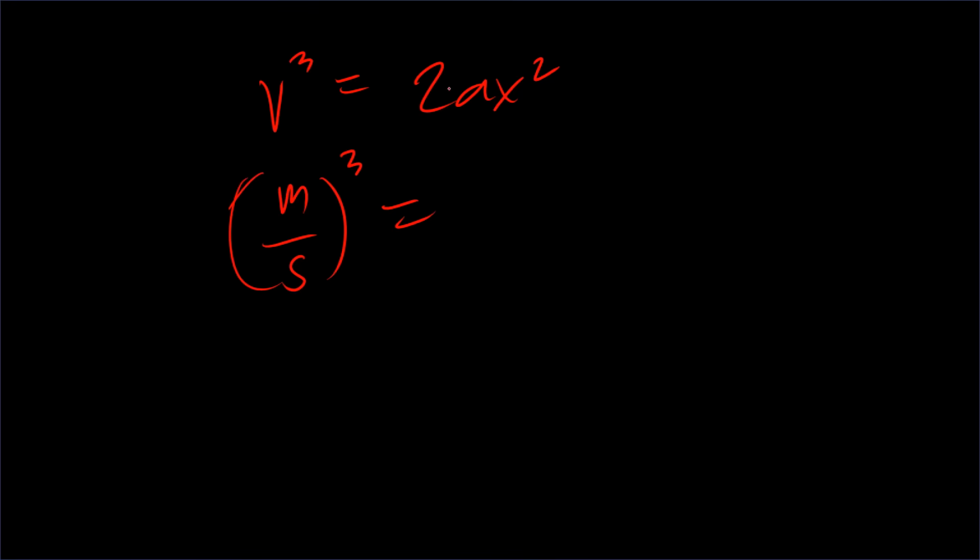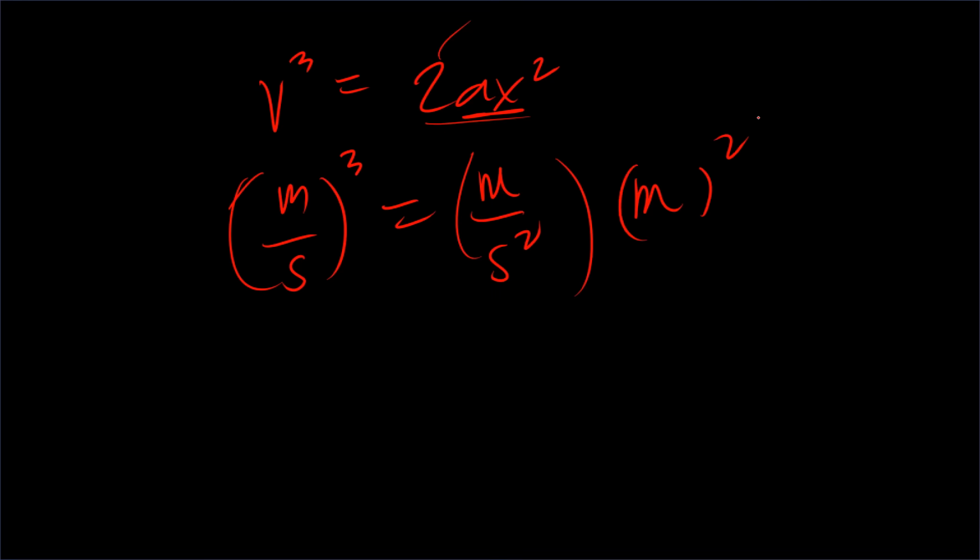Is equal to, so we do not include this 2, so just the units of the value. So, kapag kinuha natin yung units, the acceleration is meter per second squared, and then multiplied natin siya sa x, is a position, so ang unit niya is meter, yan, and then naka-square siya.